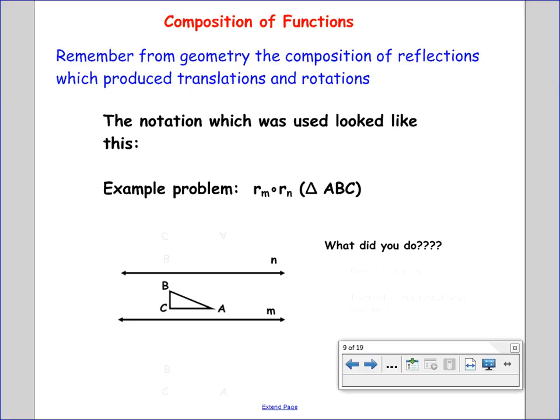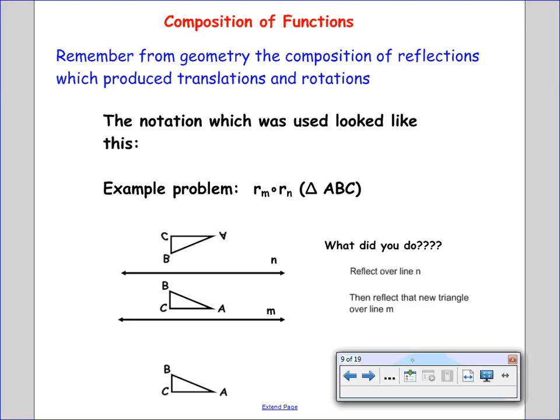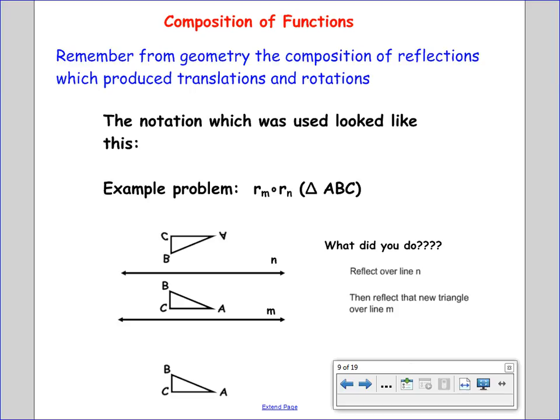A composition symbol. So here it looks like we're going to perform a reflection with this given triangle, ABC, and we're going to work from the inside out. So my first transformation would be a reflection about the line N. So I'll get a new image. We're going to reflect over line N. So here we go. Oh, it's already reflected over line N. And then we're going to reflect the new triangle over line M. And so see, we went from the inside out.